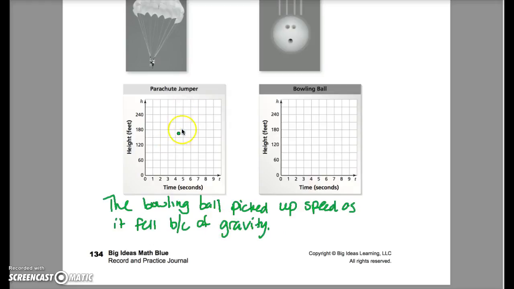Okay, whereas that parachute jumper, the parachute serves to kind of slow down that gravity process. So the weight of the bowling ball and gravity pulling it down makes it increase the speed.